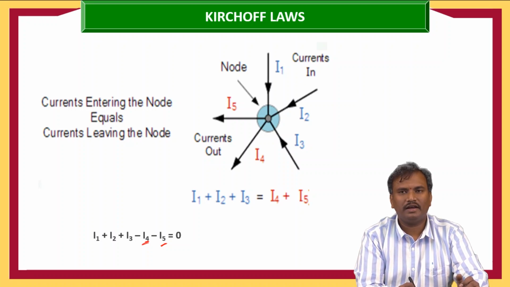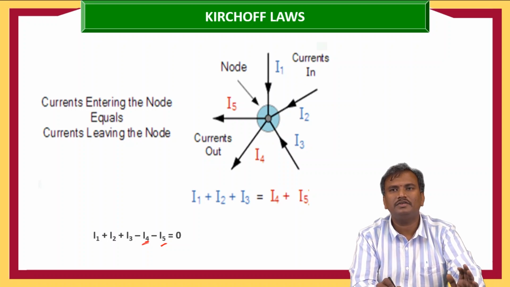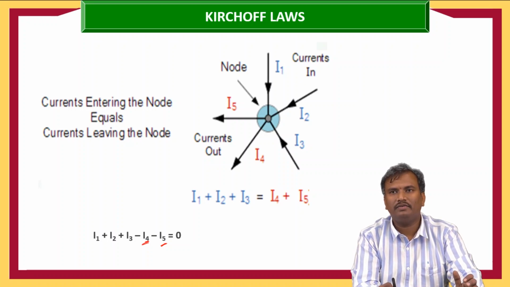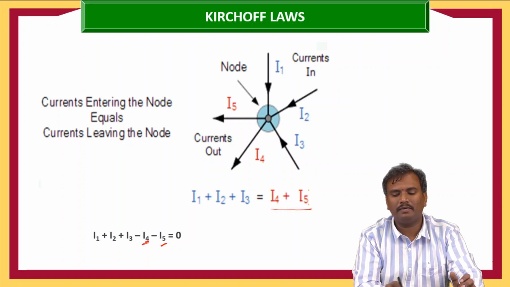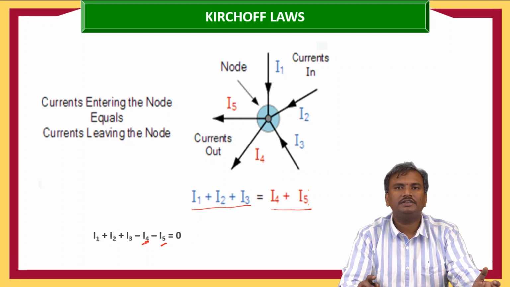So these currents are taken as negatives: minus I4 minus I5. But the resultant will be the same: I1 plus I2 plus I3 is equal to I4 plus I5. The resultant current is the same, but the representation is different.